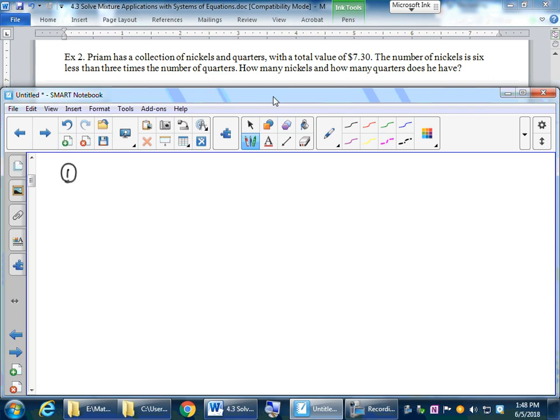My first step, what we don't know, is the number of nickels and the number of quarters. So let the number of nickels be N, let the number of quarters be Q.